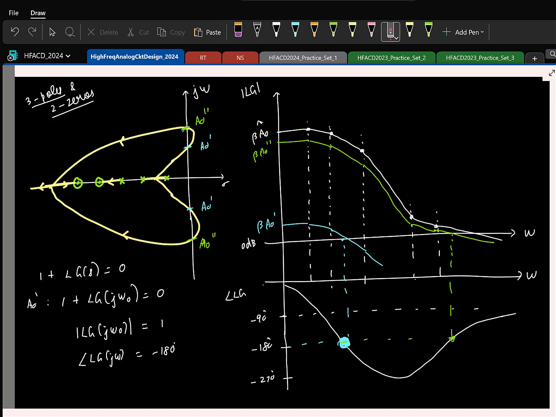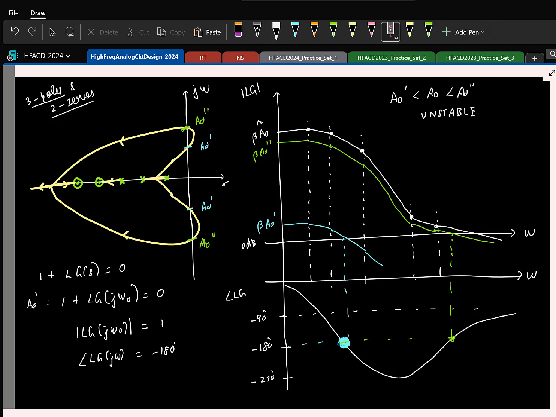So why do you think I've considered these 2 points? When the DC gain is between A naught prime and A naught double prime is when the closed loop system is unstable, right? So that is the point of interest. So for A naught prime less than A naught less than A naught double prime, we definitely know that this system is unstable.